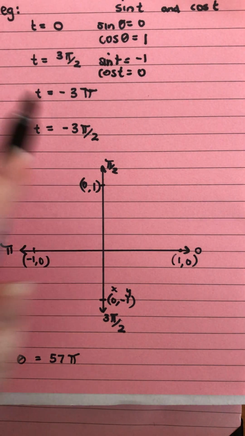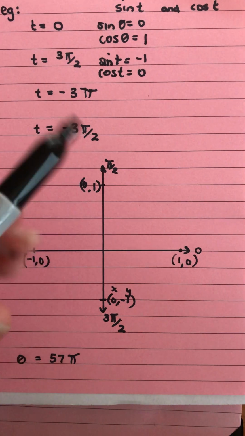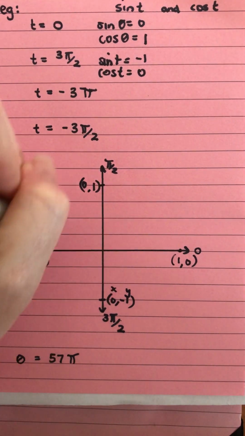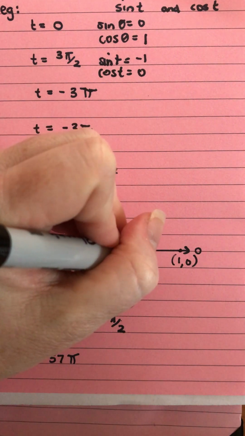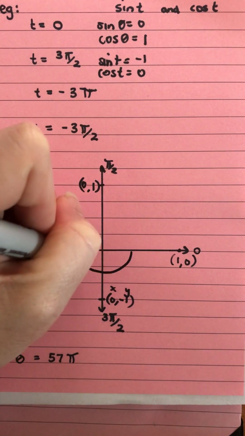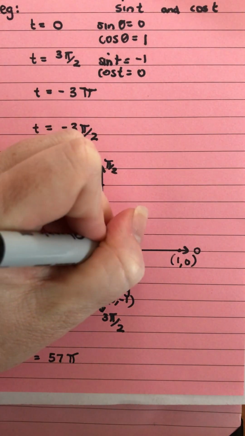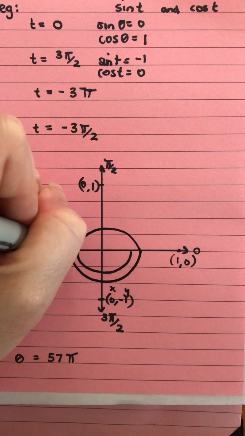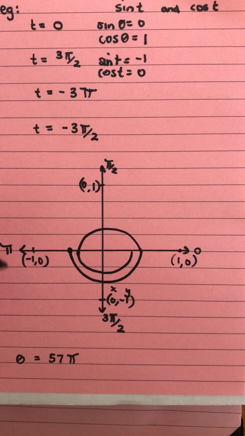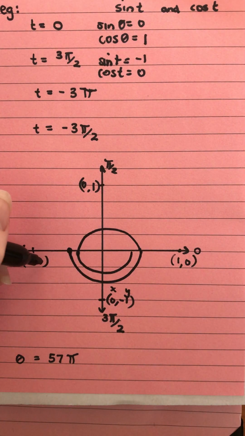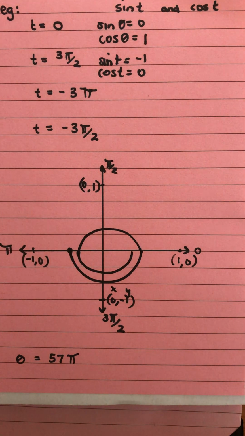Then we've got -3 pi, so that means we're going around, so we're going backwards around the circle, 3 pi. So if we go this far, we've got 1 pi, 2 pi, so -3 pi is over here. So looking at our x value, we've got -1, so that's our cos t, and our y value is 0, so that means our sine t is going to be 0.